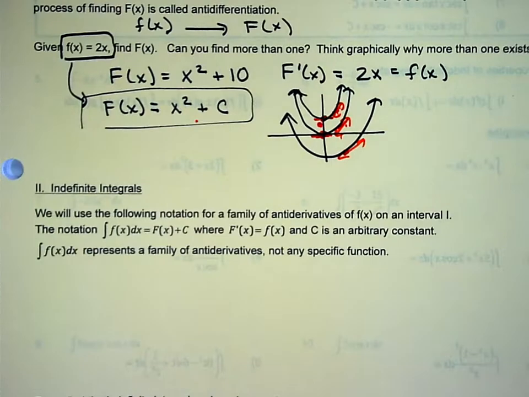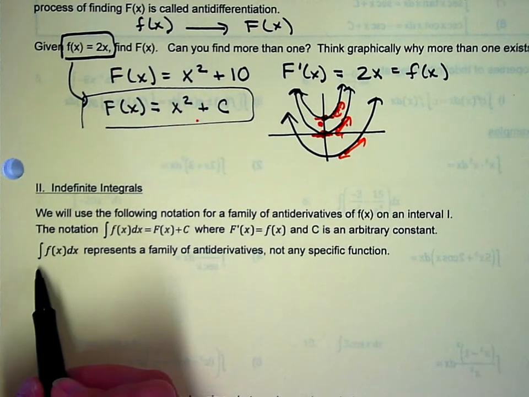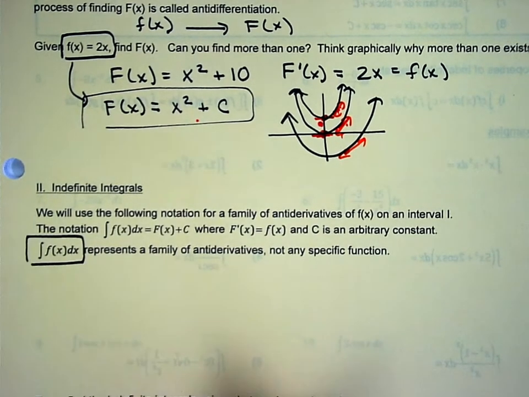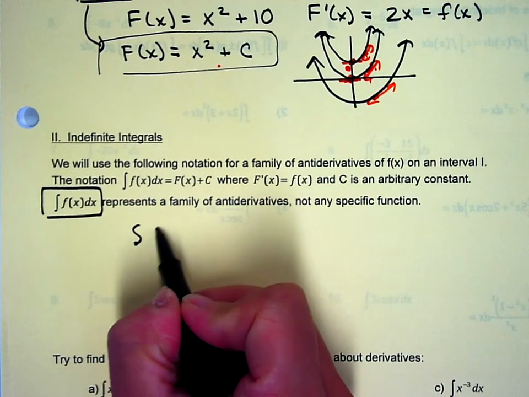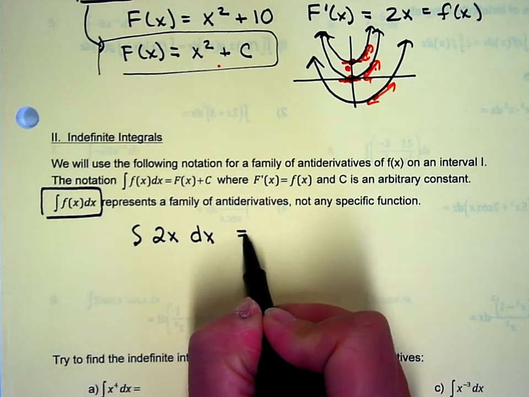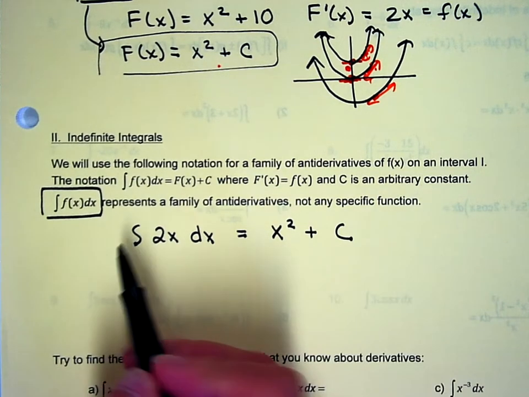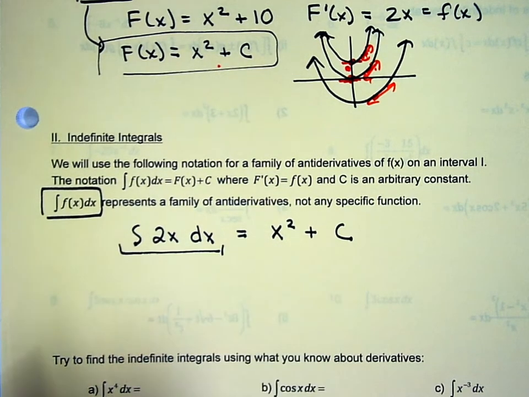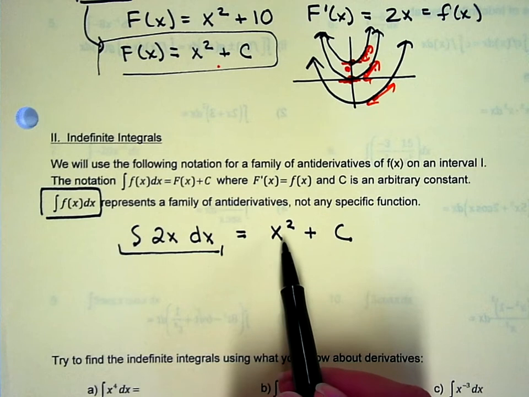A little bit of notation. When I ask you to find the antiderivative, this is the notation that we're going to be using. The antiderivative of 2x dx is going to be x squared plus c. This whole piece right here is called an indefinite integral. So when I ask you to find an indefinite integral, you're looking for the antiderivative.